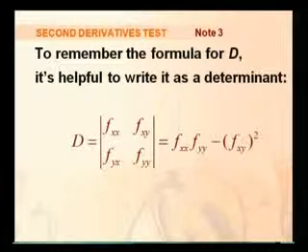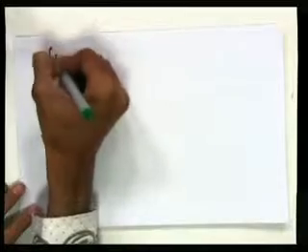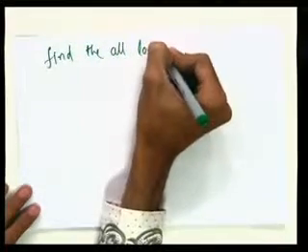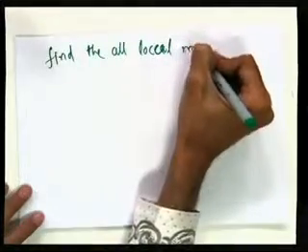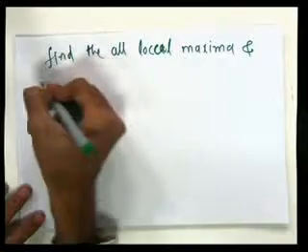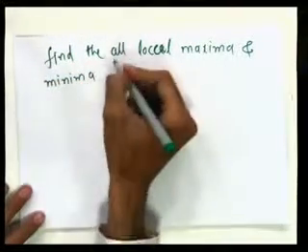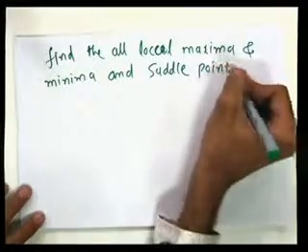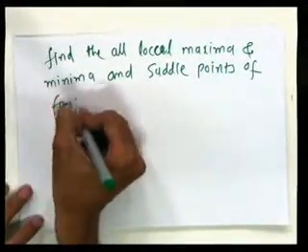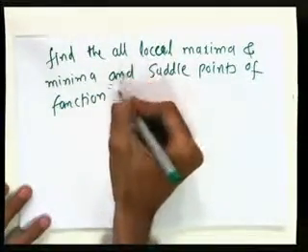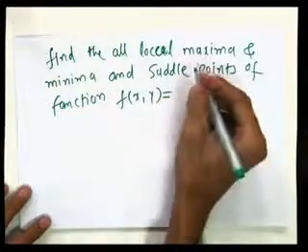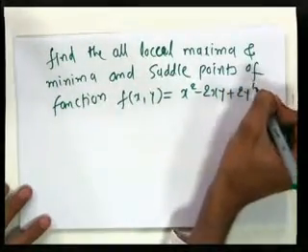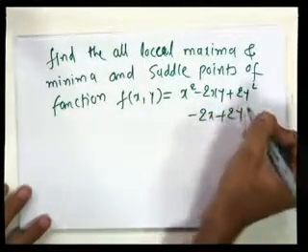The question is: find all local maxima and minima and saddle points of the function f(x, y) is equal to x squared minus 2xy plus 2y squared minus 2x plus 2y plus 1.